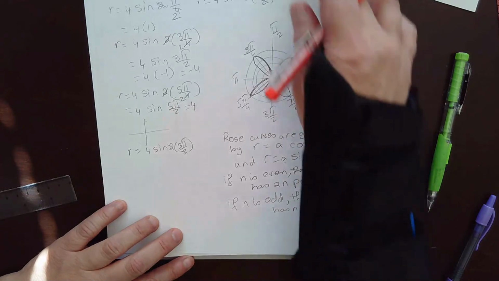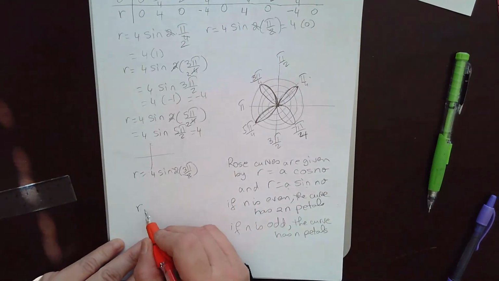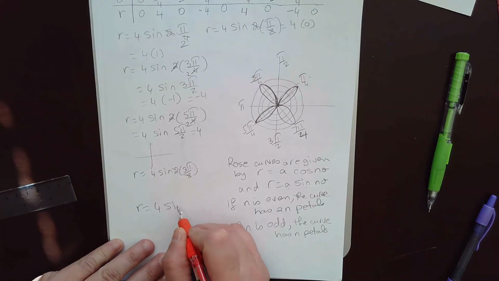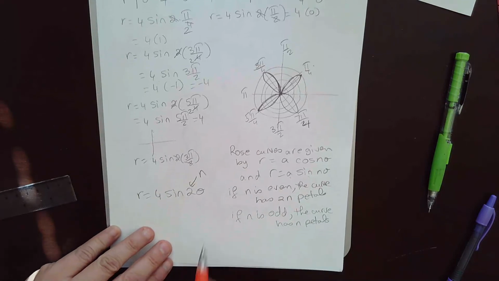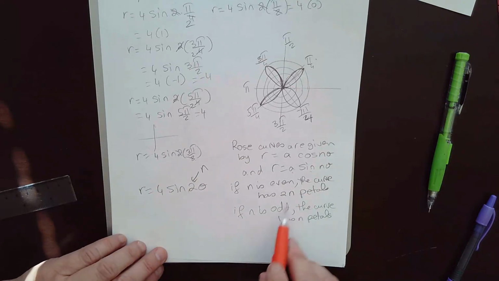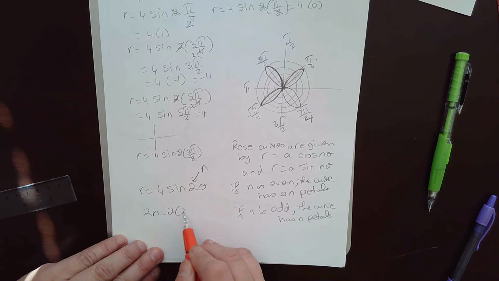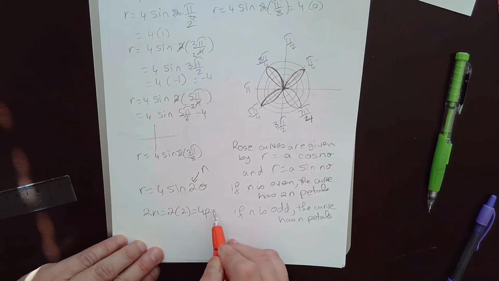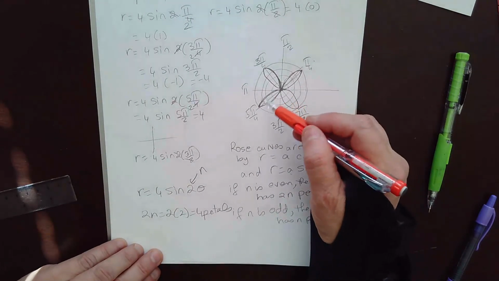So remember, take a look at our example here. r is 4 sine 2 theta. This is n. Since n is even, you have 2n petals. 2n, that's 2 times 2, and 4 petals. Sure enough, here are the 4 petals. 1, 2, 3, 4.